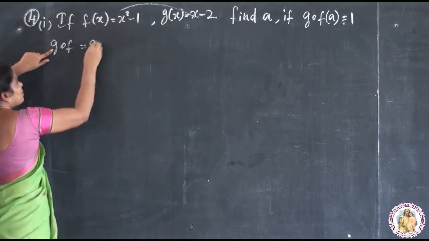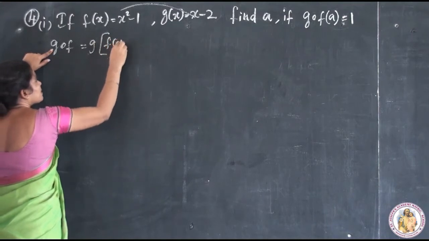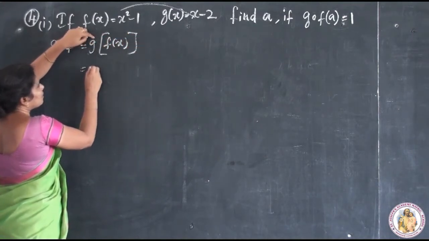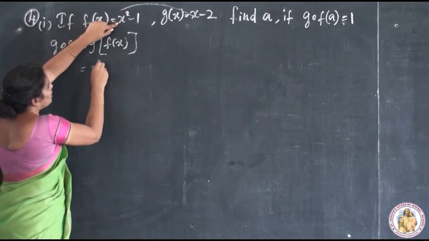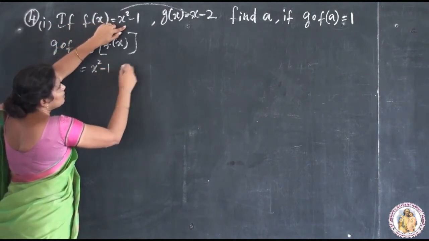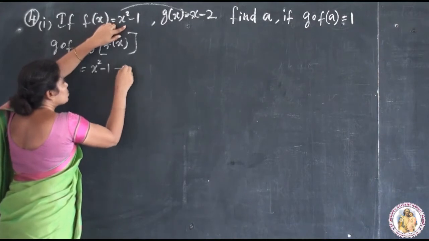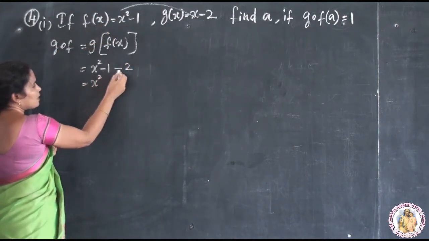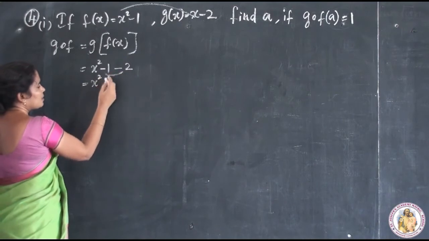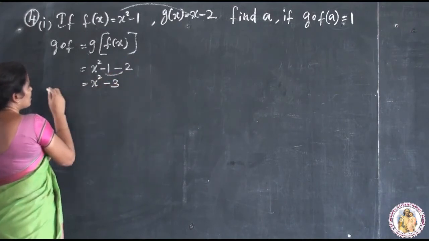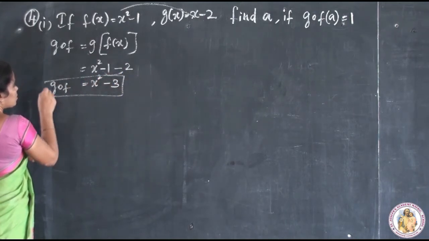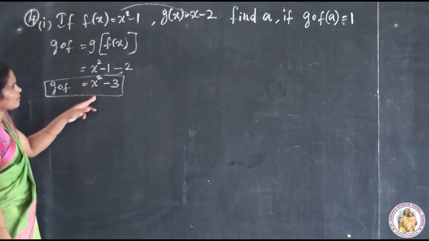So write g within bracket f of x. What is g? x. So x square minus 1, and write this minus 2. x square minus 1 minus 2. We have same sign, so minus 3. g of f is x square minus 3.